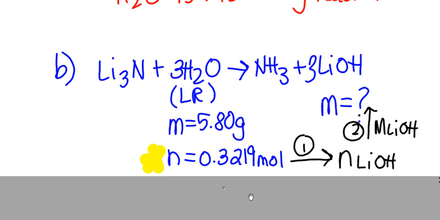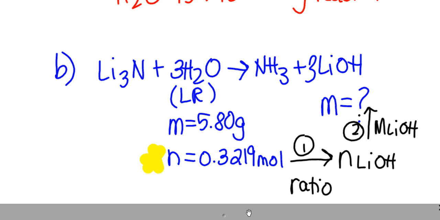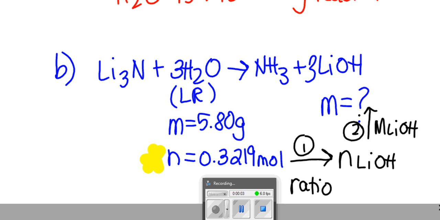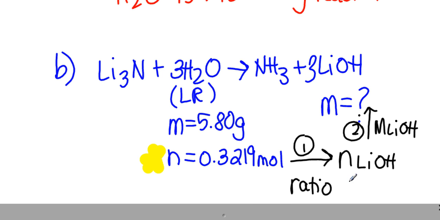So that number up here, if we reorganize our data and set it up like a stoichiometry problem, is this number down here. We have 0.3219 moles of water. How much lithium hydroxide do we have in mass in grams? Same 2 steps. Find the number of moles of lithium hydroxide using your mole ratio, and then convert that moles into mass using molar mass.